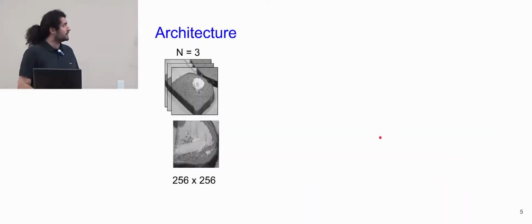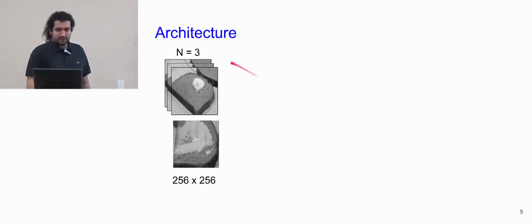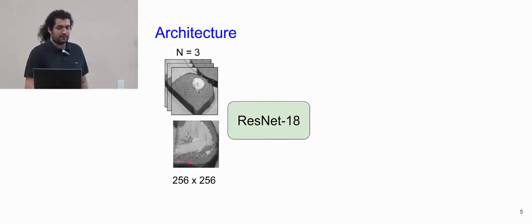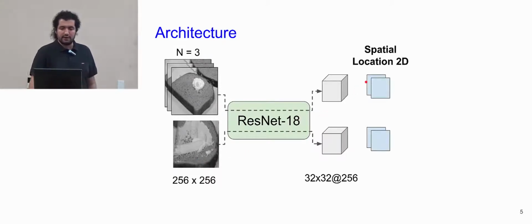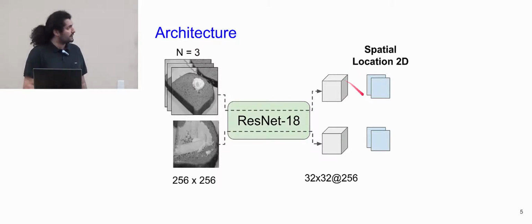This is the architectural detail. They take three reference images at training and testing time, but only one target image at a time. These have size 256 by 256. They extract features using the ResNet 18 architecture. Before going deeper, they concatenate spatial location embeddings into these extracted features.